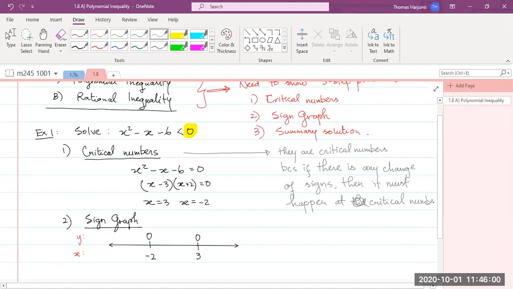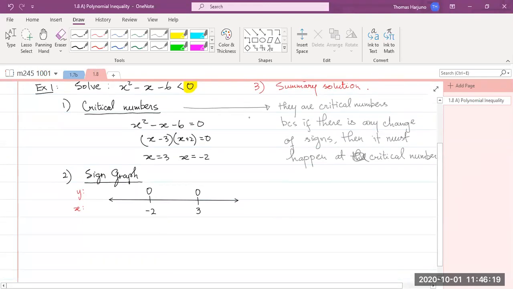That's why we call that a critical number. Now, I'm not saying that if you have a critical number, the sign must change. No. A critical number does not imply the sign has to change, but it just says that if any change happens, it must happen at those numbers.